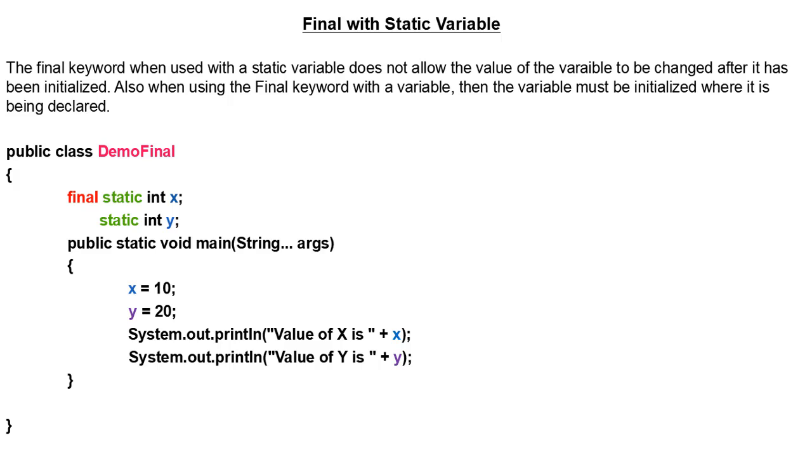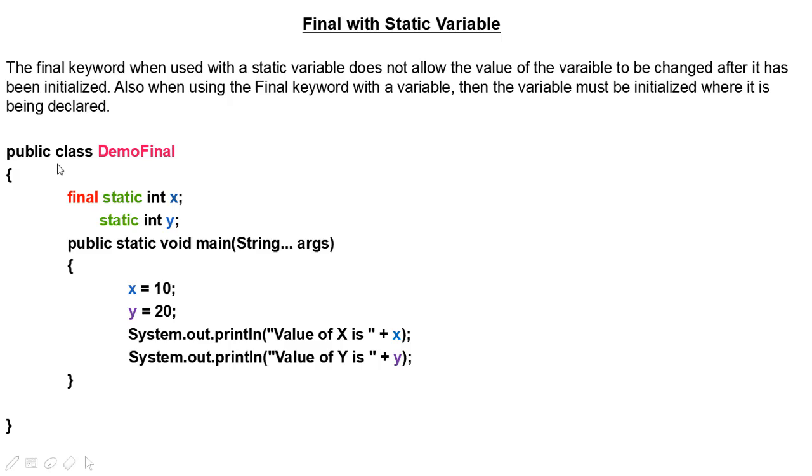The final keyword, when used with a static variable, does not allow the value of the variable to be changed after it has been initialized. Also, when using the final keyword with a variable, the variable must be initialized where it is being declared.